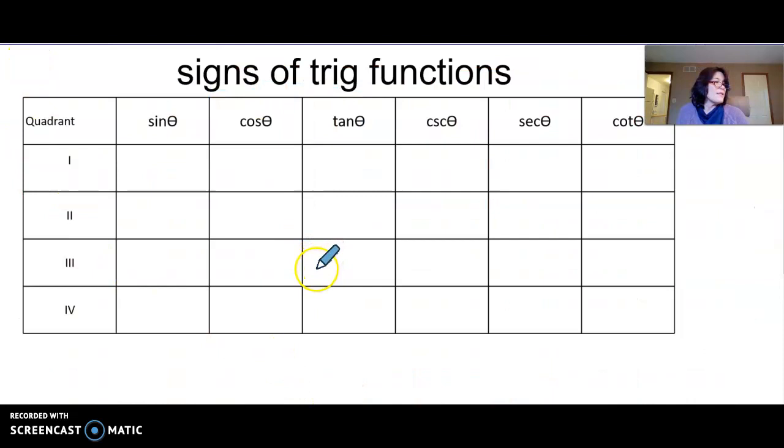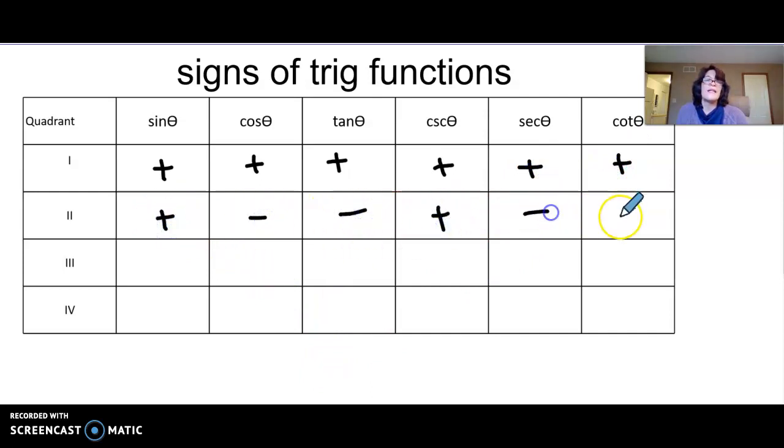Like we said, in the first quadrant, they're all positive. In the second quadrant, the only things that were positive were sine and cosecant. Everything else was negative. In the third quadrant, we just had tangent and cotangent being positive, and the rest were negative.